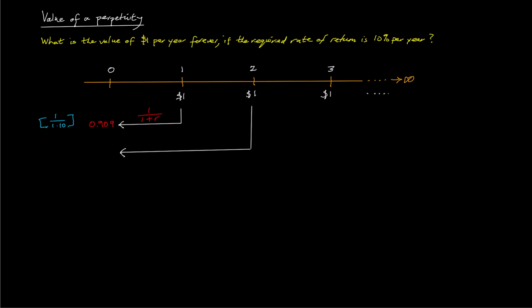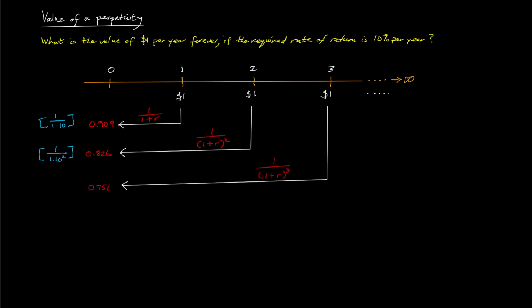This time, the present value is 1 divided by 1 plus r squared, for a present value of 82.6 cents. The present value of the third dollar is calculated as 1.10 cubed for about 75 cents.